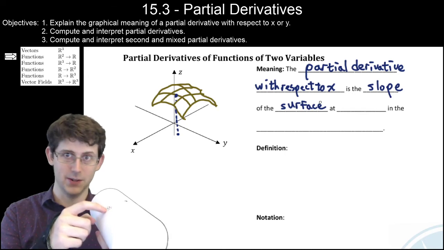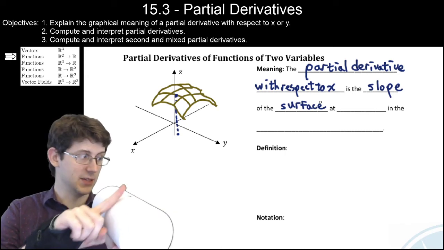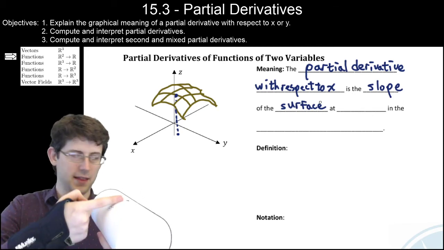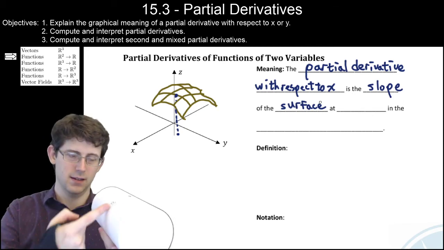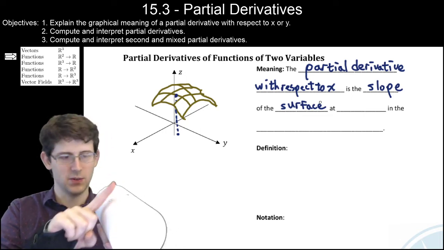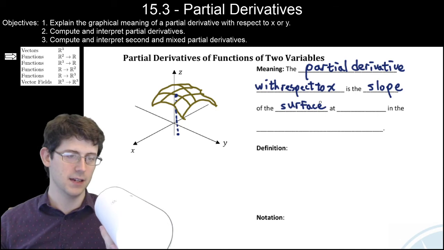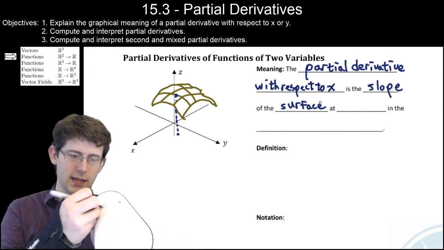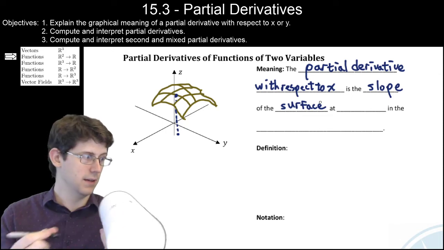The slope can't be 0 because it's slanted this way. If you walk along this path, the surface is sloped. So we might say that since it's going this way, the slope is positive.